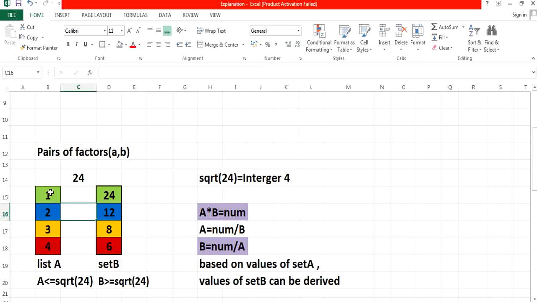If I know 1 is the first factor, I can find list 2's corresponding value by dividing 24 by the list 1 value. 24 by 1 gives you 24, 24 by 2 gives you 12, 24 by 3 gives you 8, 24 by 4 gives you 6. So if I know the values of one list till the square root of a given number, it is easy for me to find the remaining elements.